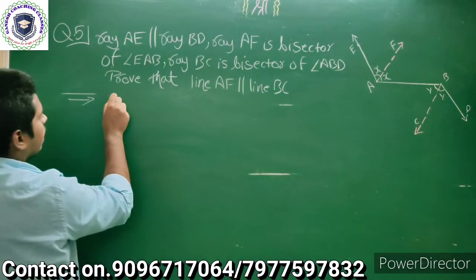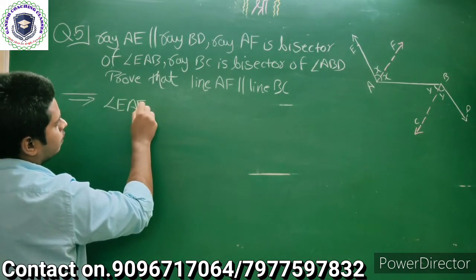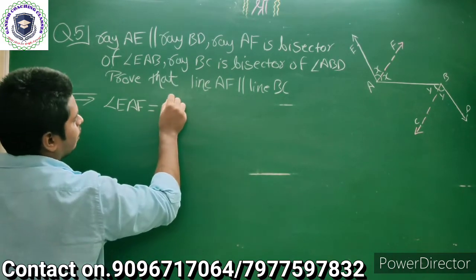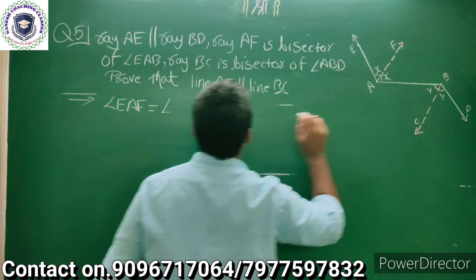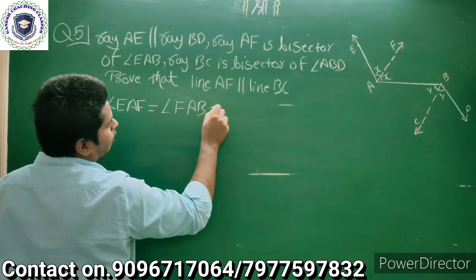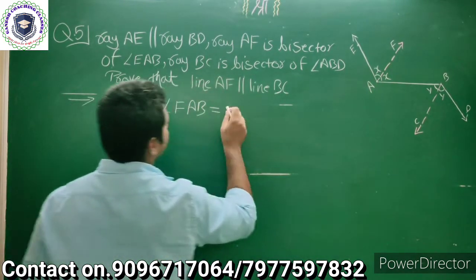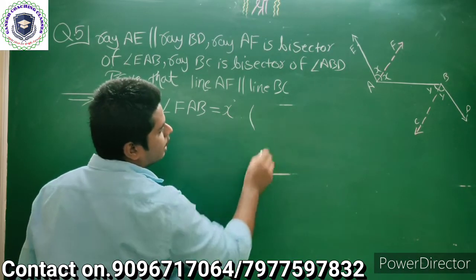So here we can write angle EAF is equal to FAB, because it is bisecting. And what are the values of these two angles? That is x degree.